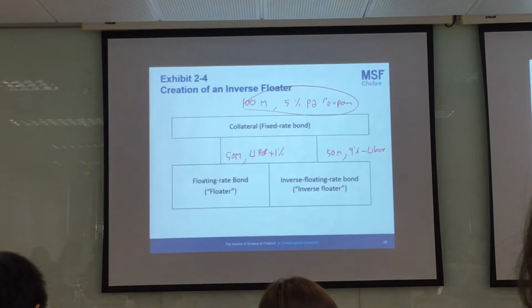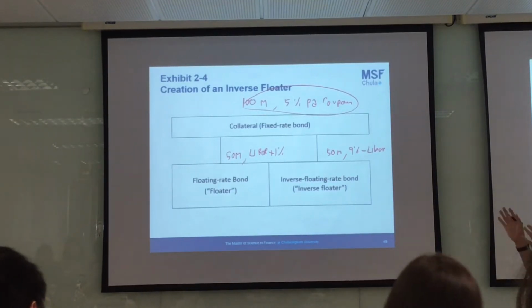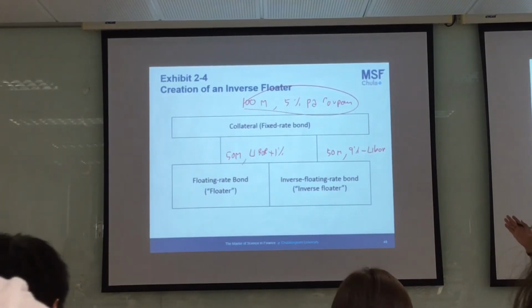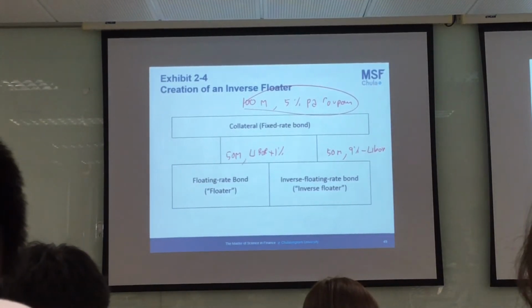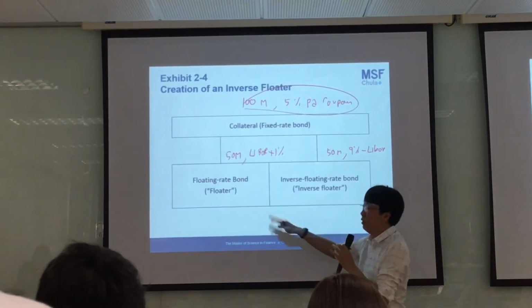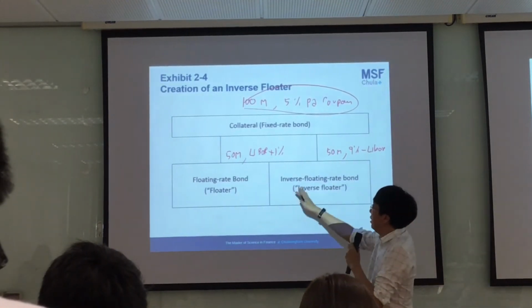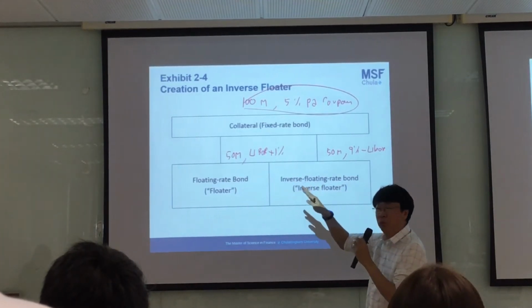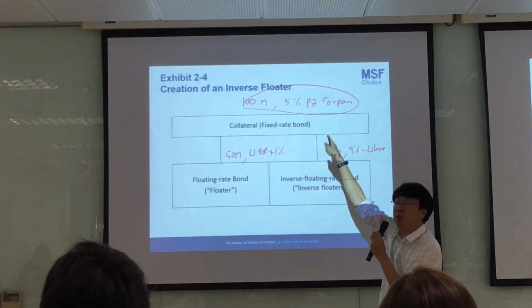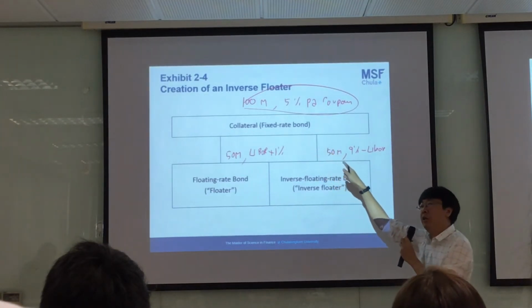Why must the numbers be like this? I'll show you. The idea to construct these two fixed income securities is that the total cash outflow from issuing these two bonds, the money you have to pay, must be lower than or equal to the cash flow received from the collateral. It cannot be greater.